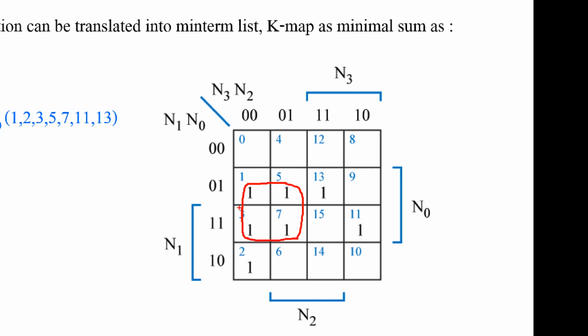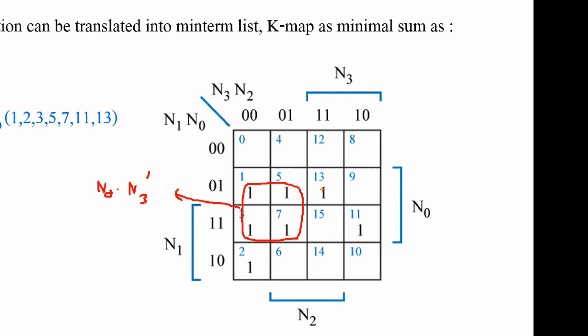Tell me the product term of this group. N3 prime and N0. That's all right. Okay, what else? You must select all of logic 1, right?